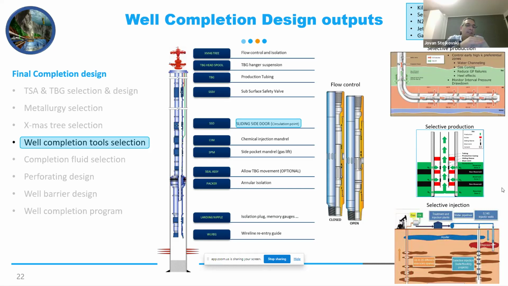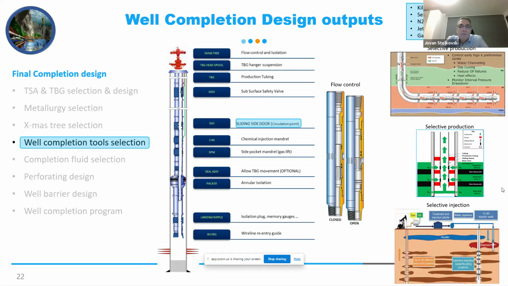In case we have several packers and several layers which we need to produce one by one separately, we can use the sliding side door to open one layer and close, open, close. So in these situations, as I put here, selective production or single selective completion, we can use the sliding side door to control our inflow from the different reservoirs.